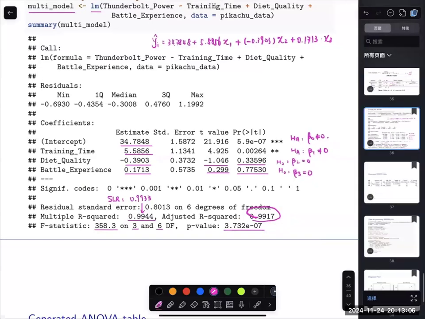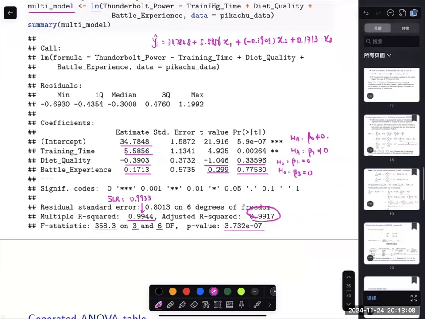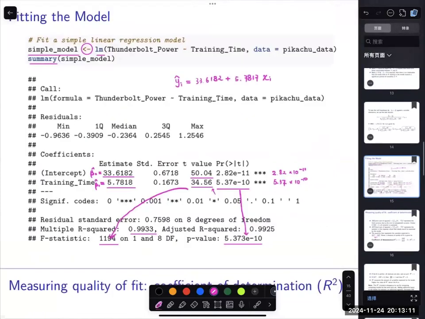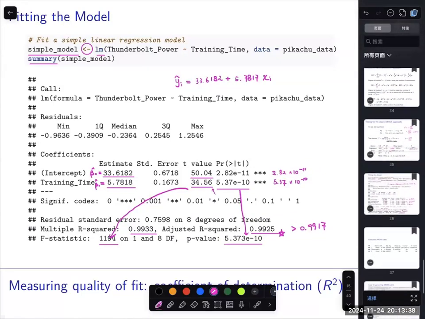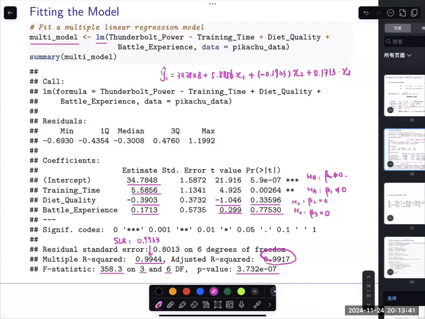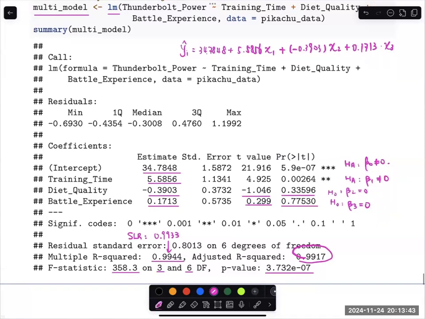So if you compare the adjusted R-square 0.9917 with the previous adjusted R-square 0.9925, as you can see here, if you only use adjusted R-square, we are going to think the simple model is better than 0.9917. Okay, so that means if we are comparing by adjusted R-square, we may prefer the simple one compared with the multiple one, because the adjusted R-square is adjusted with respect to the model complexity.